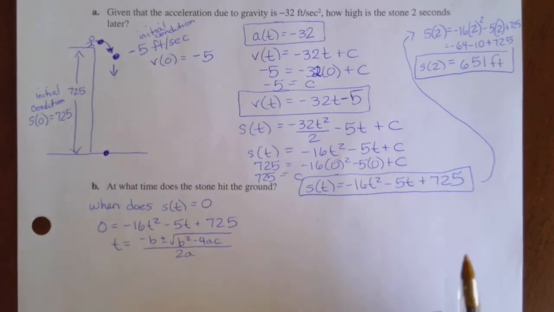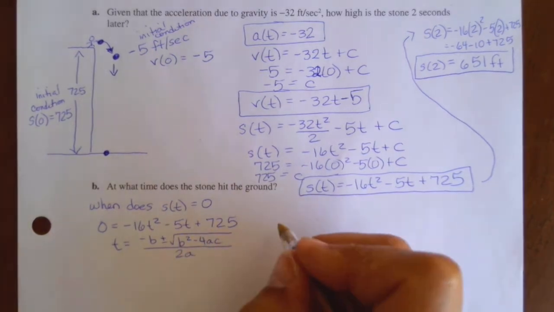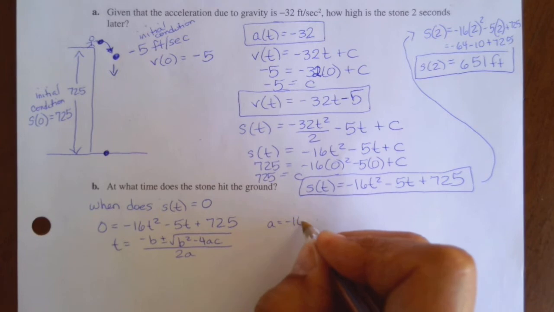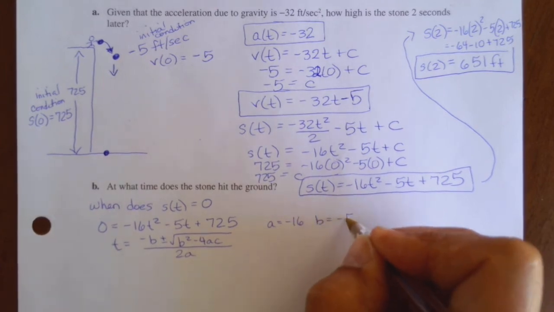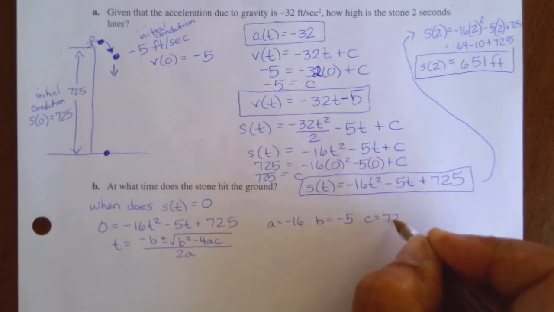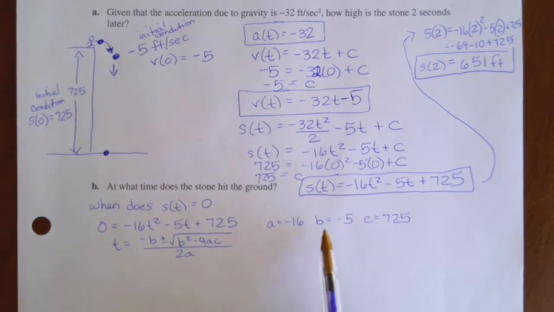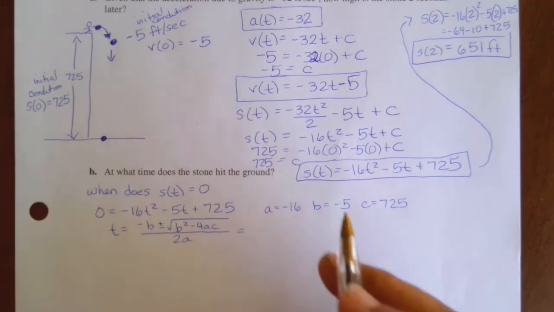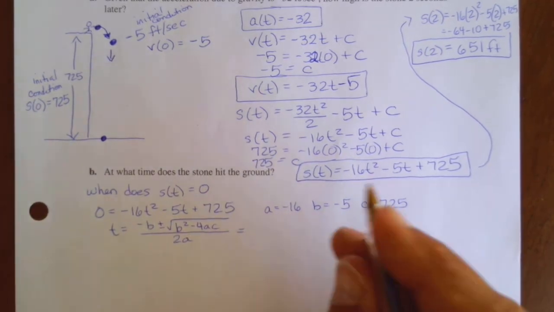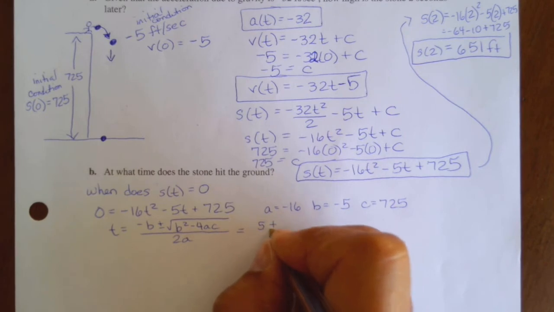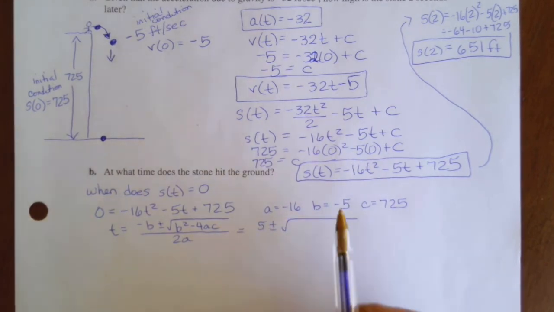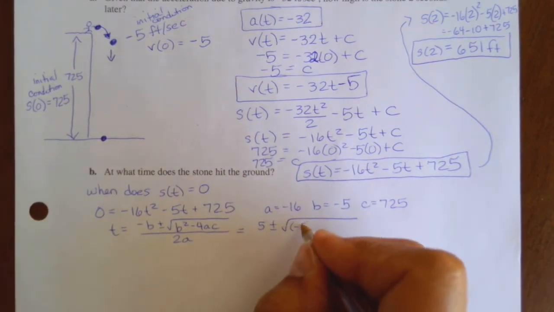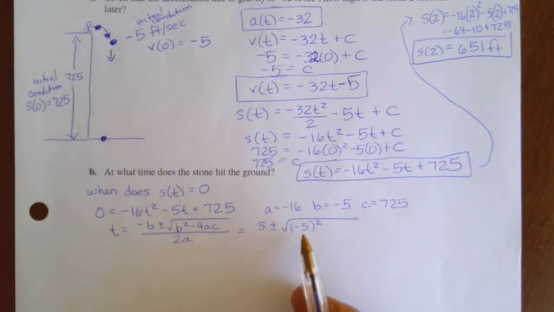In this function, a is negative 16, b is negative 5, c is 725. Sometimes it's good to write those down so you don't mess up your values. Negative b, the opposite of b, is positive 5, plus or minus the square root of b squared. When you square any number it'll be positive, so make sure you put that in parentheses.